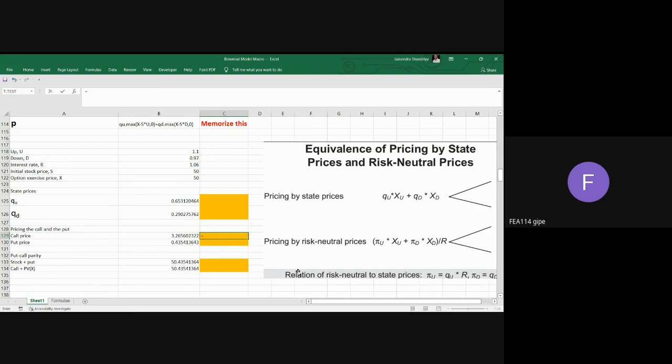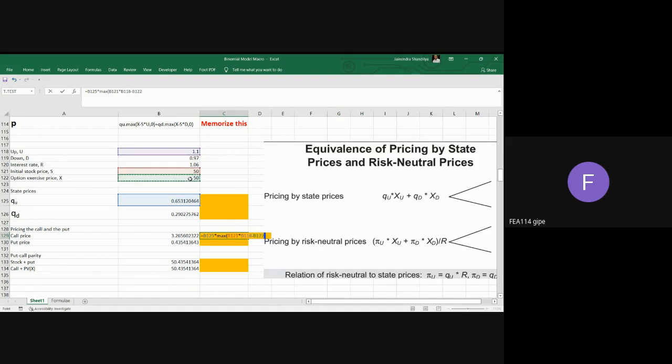As you know, in call price, we need to take QU into the maximum of what? Stock price, which is this 50, into up movement, which is this.